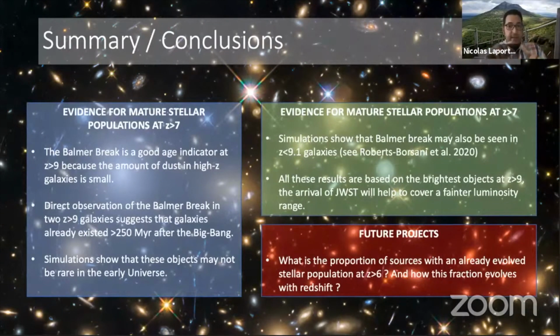And I think even if you have clumpy dust, you should see the dust in a stack at redshift 8 or 9. So that would be my answer. We know that the amount of dust in redshift 8, 9, or 10 objects is not sufficient to influence the shape of the Balmer break.